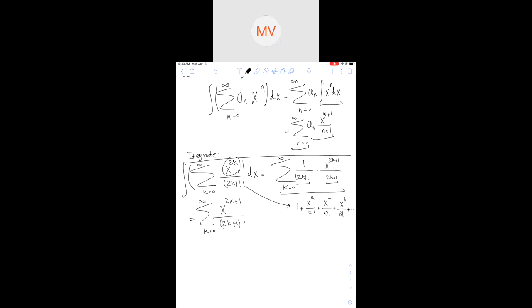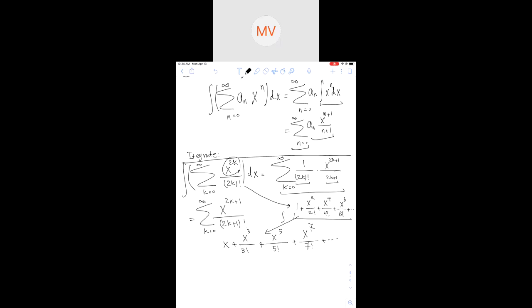Now, when you integrate this, what does it become? Think about it. The antiderivative of 1 is x. The antiderivative of x squared is x cubed over 3. The 3 with that 2 factorial makes it 3 factorial. So we get x cubed over 3 factorial. The next one, integration, is x to the 5th over 5 factorial plus x to the 7th over 7 factorial.